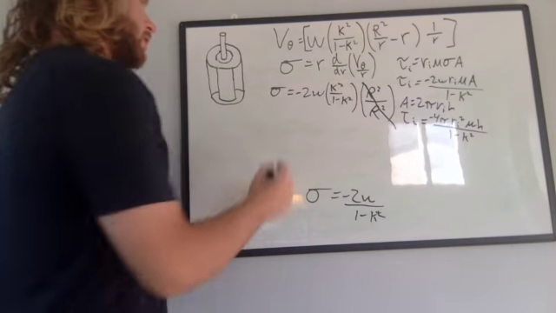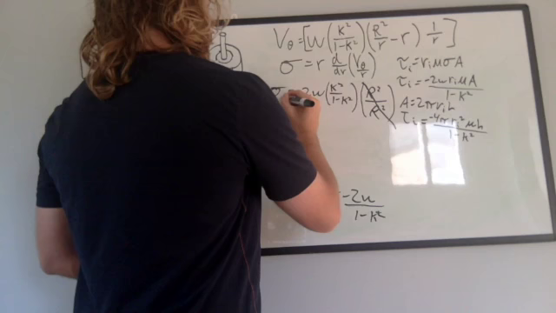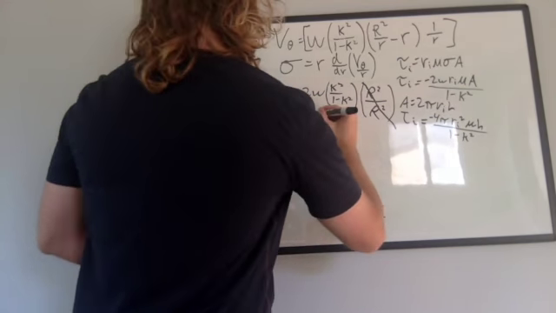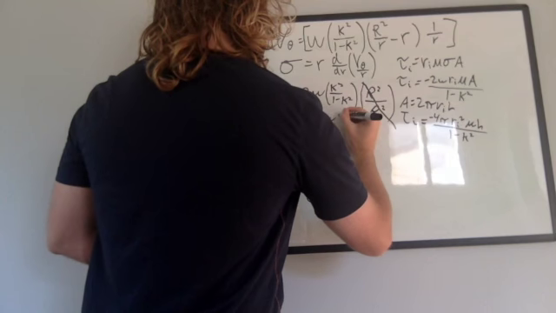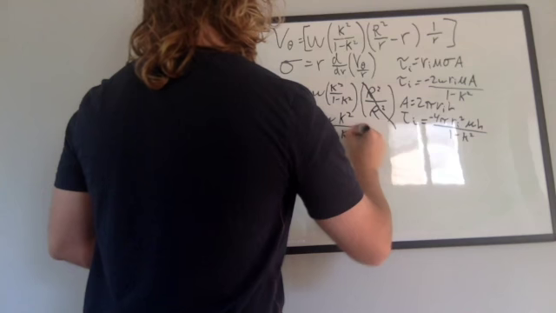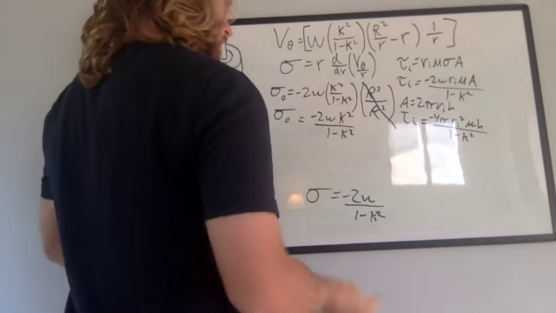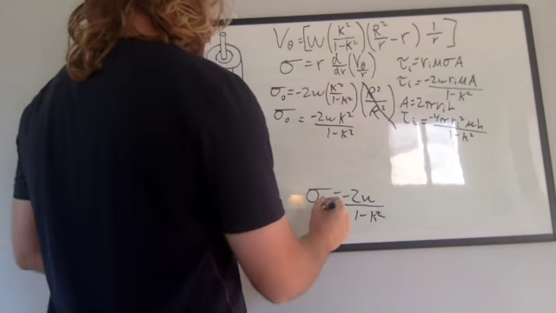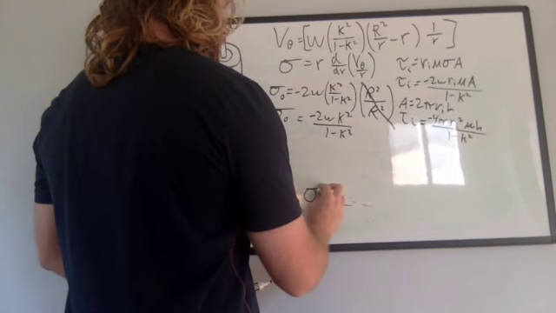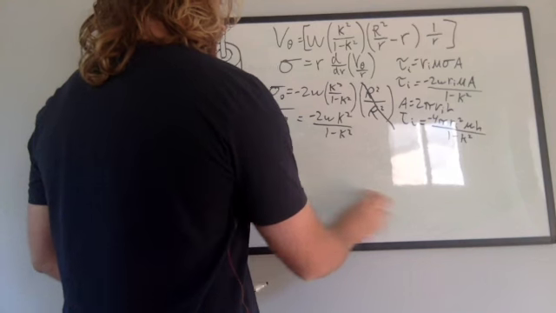So our new sigma, our sigma for outer, is going to be equal to negative 2w k squared over 1 minus k squared, like so. And this was our shear rate for the inner right here. We're not going to need that anymore, so we'll go ahead and erase that.